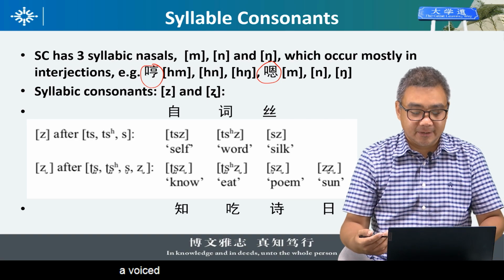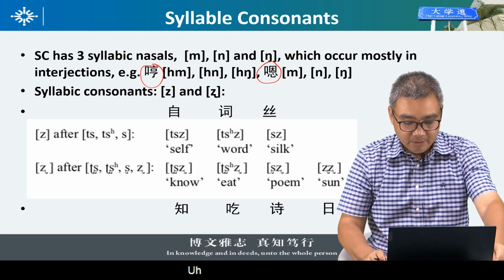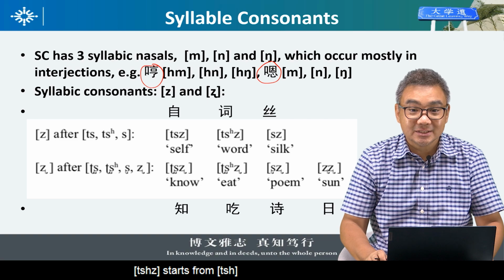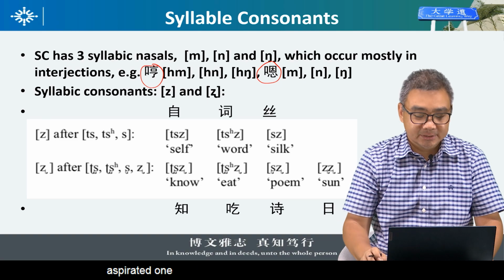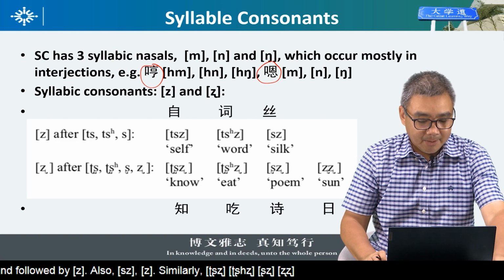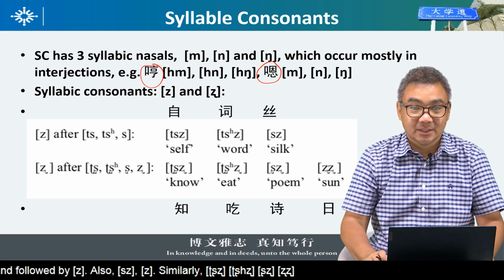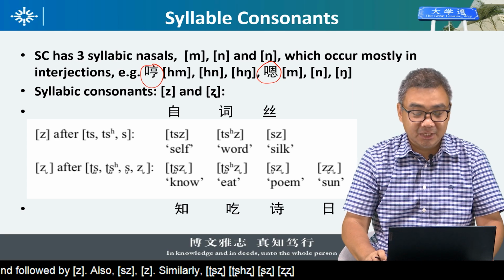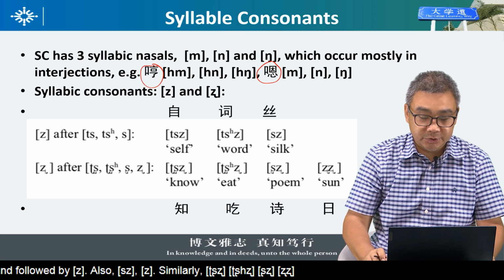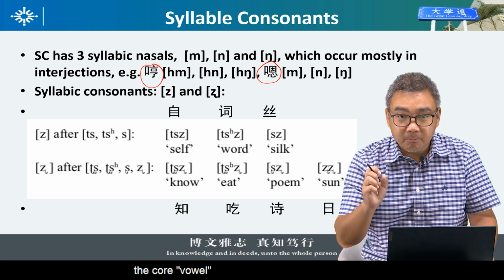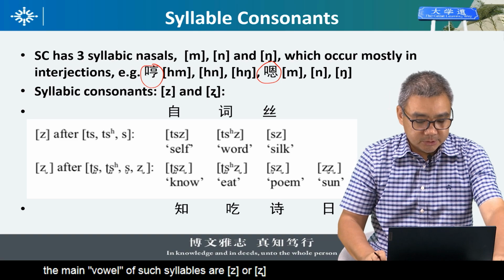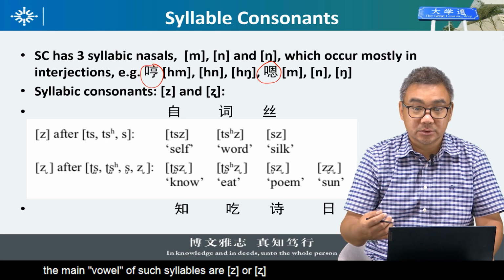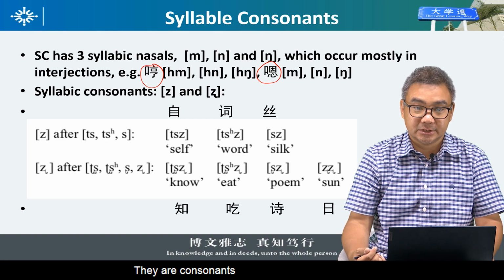Z itself is a voiced fricative, and c starts from ts, the aspirated one, but is followed by z, also s, z, s. Similarly, zh, ch, sh, r. The core vowel, the main vowel of such syllables is z or r. They are consonants.